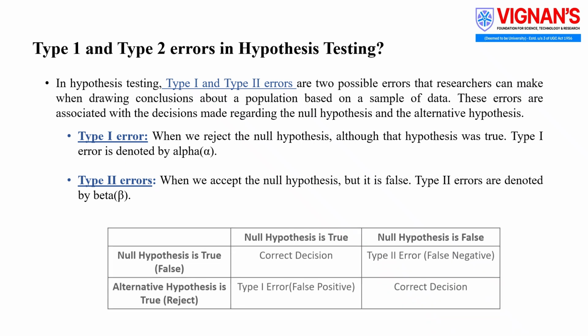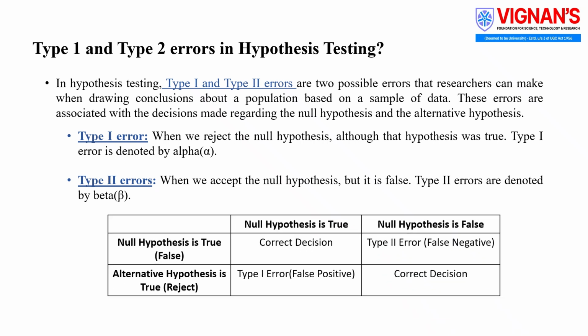The below table summarizes all possible decisions in hypothesis testing and shows when errors occur. When the null hypothesis is true and we decide to accept it, this is a correct decision. When the null hypothesis is true but we reject it, we make a type 1 error, also called a false positive.